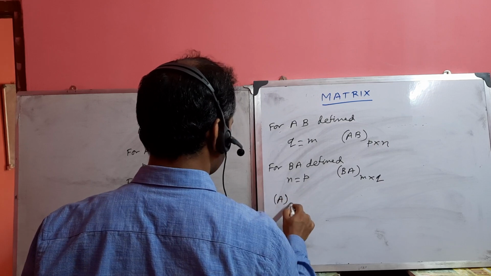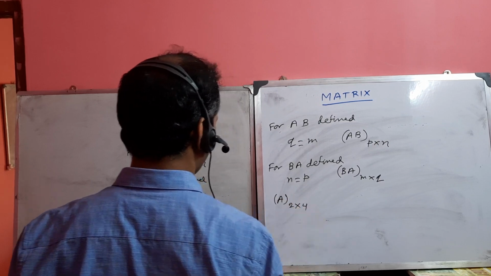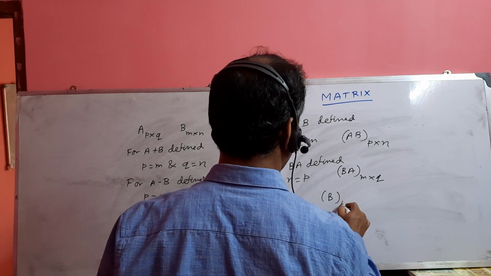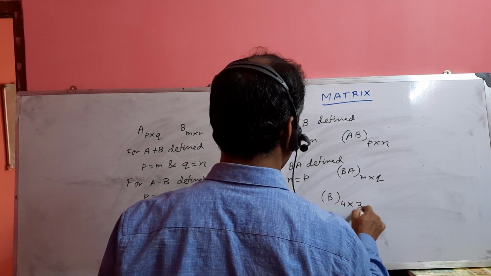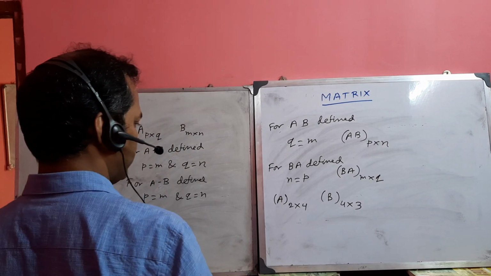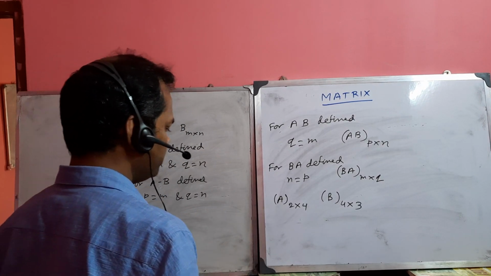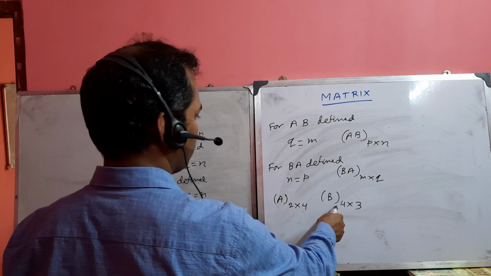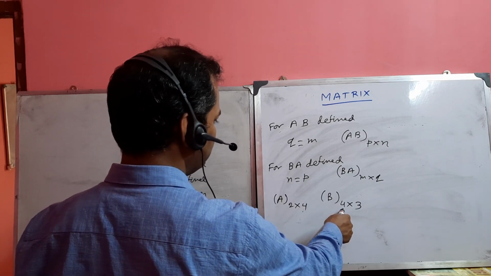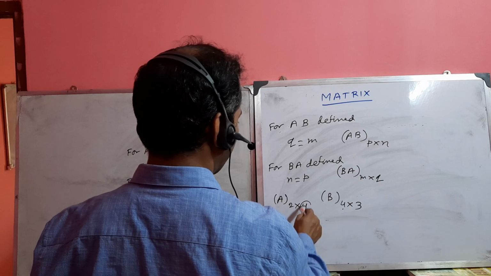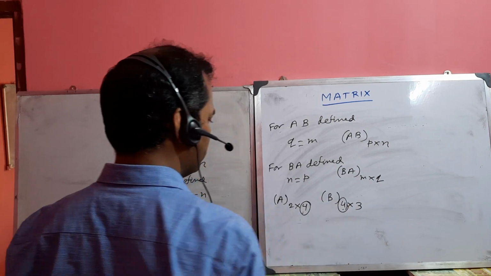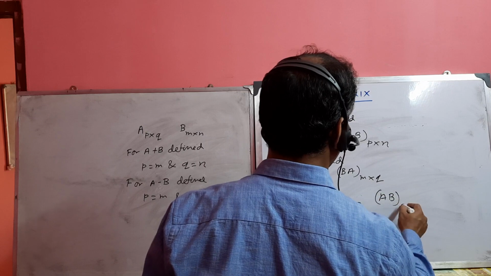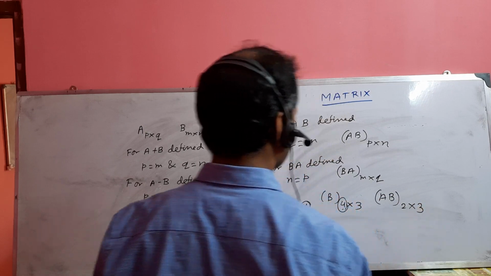the order of A be 2 by 4 and the order of B be 4 by 3. Then AB is defined. Why is AB defined? Because the number of columns of A is 4 and the number of rows of B is 4. So those two are equal. So AB is defined and the order of AB is 2 by 3.